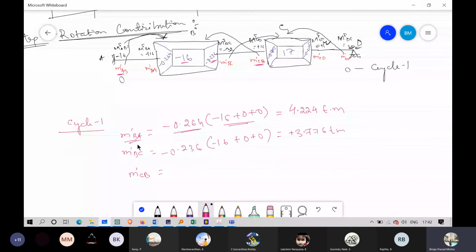M dash BA equals the rotation factor of BA into M dash AB, sorry, this one, minus 16 plus, okay, I'm writing this one. In cycle 1 no value is here, so we can assume this value as 0.